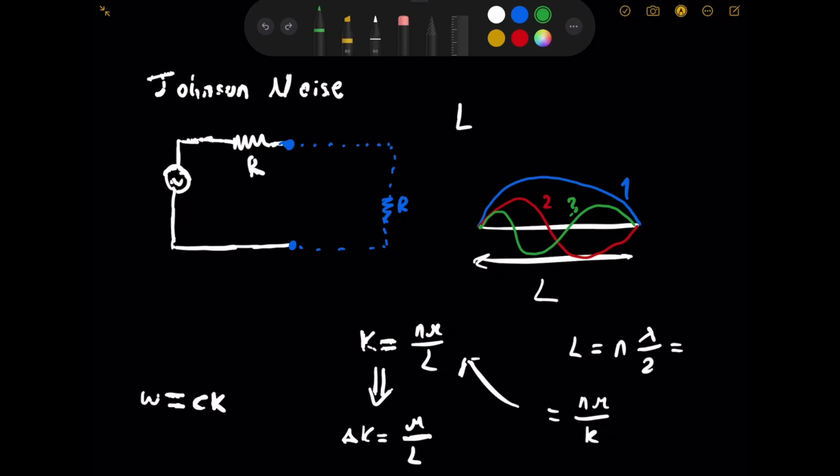And here, some energy will be going this way and some will be going that way. Okay? And so you can see that half of the energy is going away from the resistor and half is going towards the resistor. And I mean, you could also do it like here as well, right? Half goes that way, half goes that way. So we basically see that half of the energy is incident on our resistor.